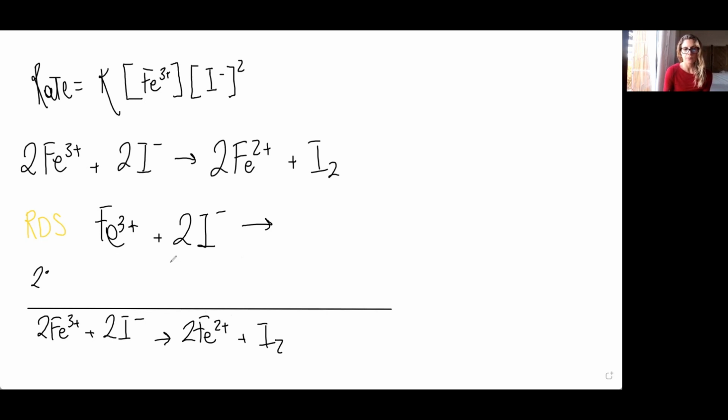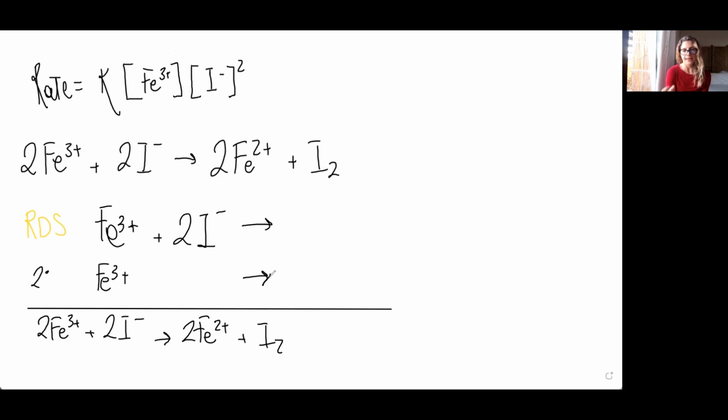For example, we can already complete the reactant, because in the overall equation we have 2 moles of iron 3+, but in the rate determining step, because we know it from the rate equation, we only have 1 of these, which means that in the second step there must be another Fe3+ reacting. Then we can think about what else is going to be formed.